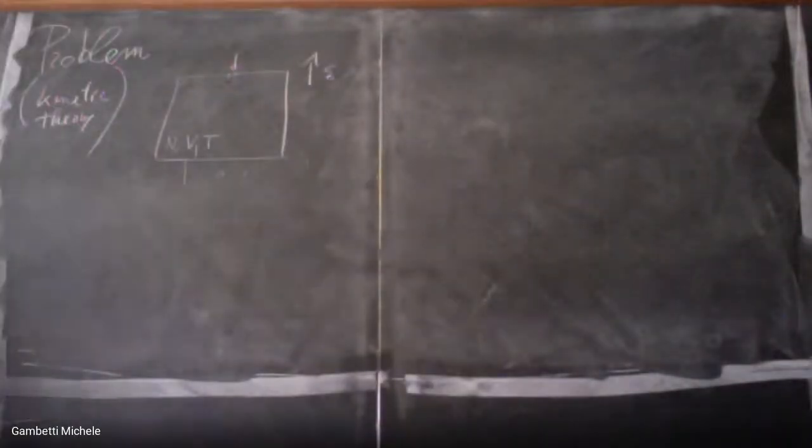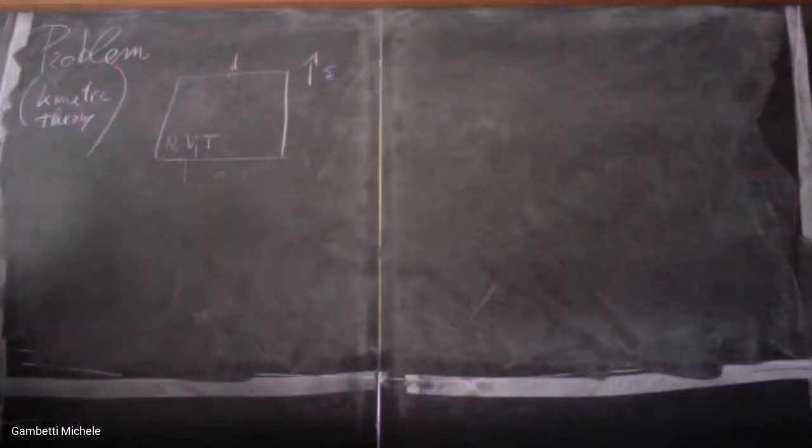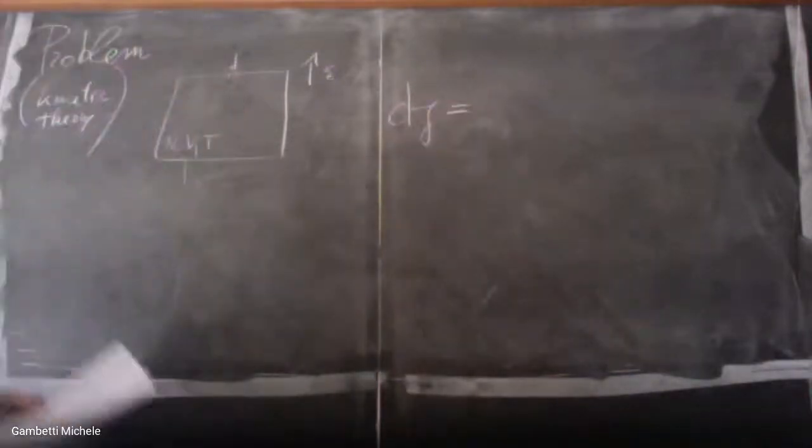First of all, this dj. Let me write it this way. So dj is equal to, so this is a flux.